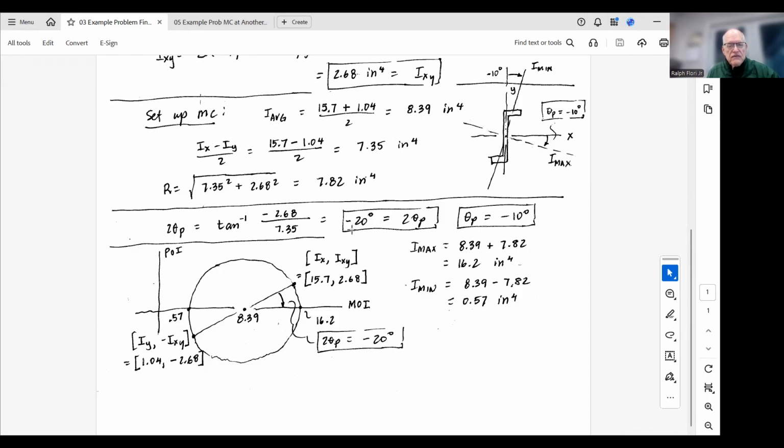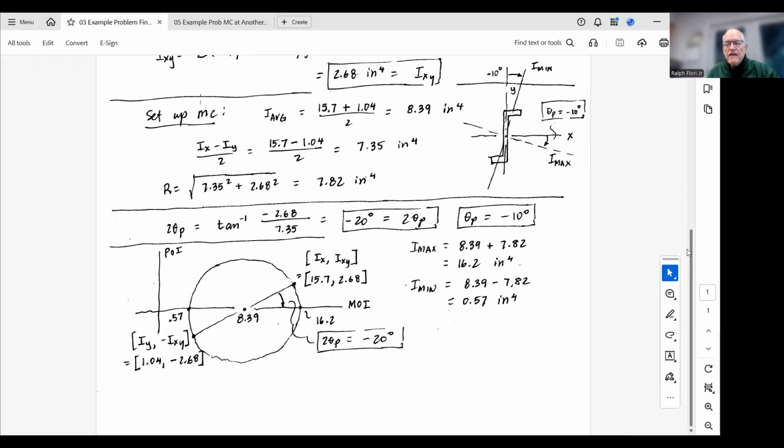Remember, 2 theta on Mohr circle corresponds to theta on the original area. So this is 20 degrees, and it's negative, which means clockwise. The negative 20 takes me from X clockwise down to the nearest principal, which happens to be Imax.